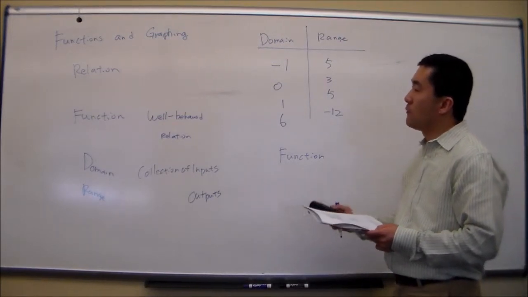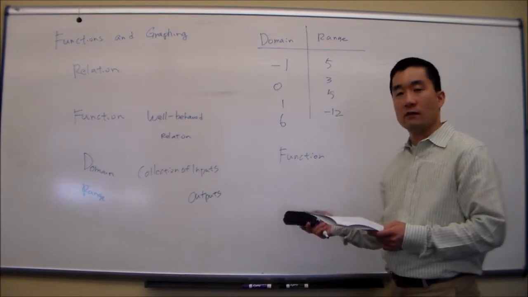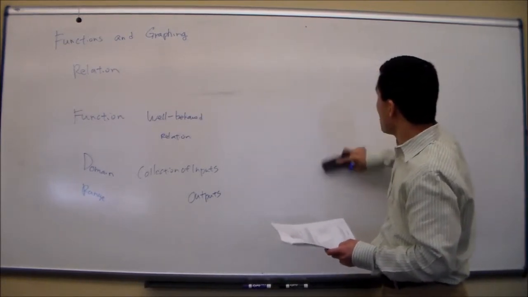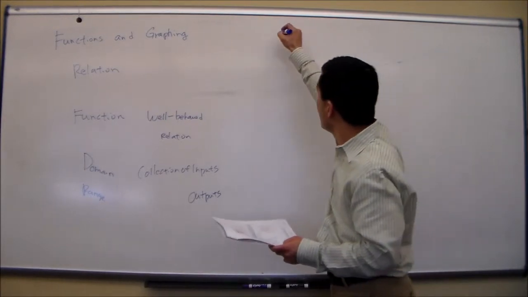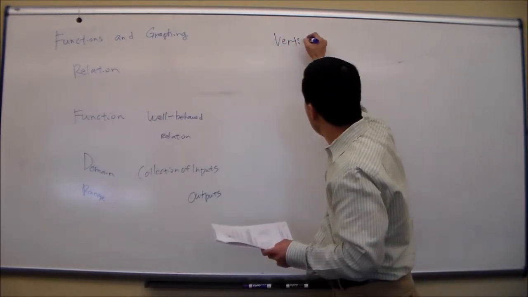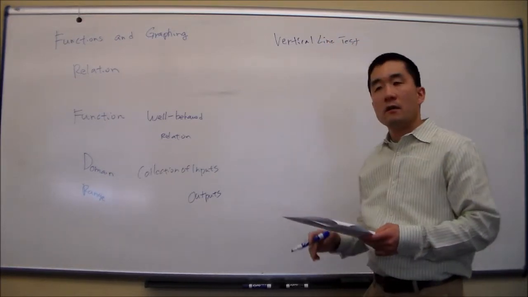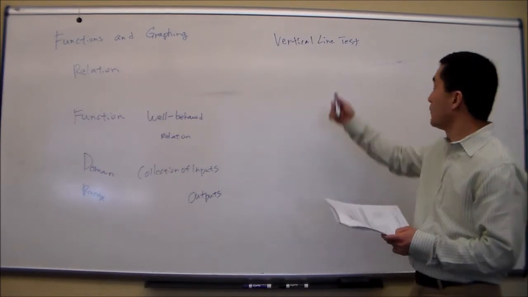How do you know if a graph is a function or not? The relationship could be described in the graph. To see if a graph represents a function or not, there's a test called the vertical line test.